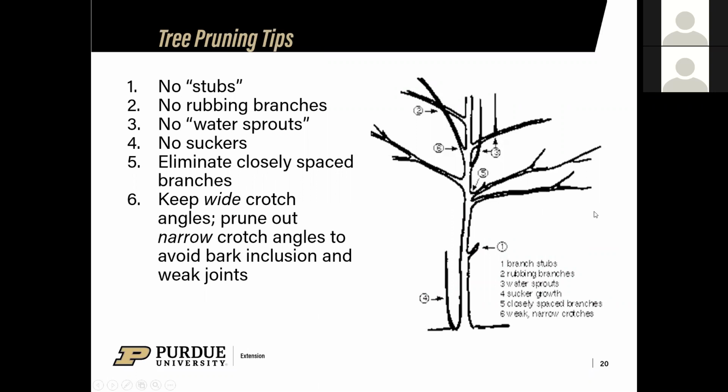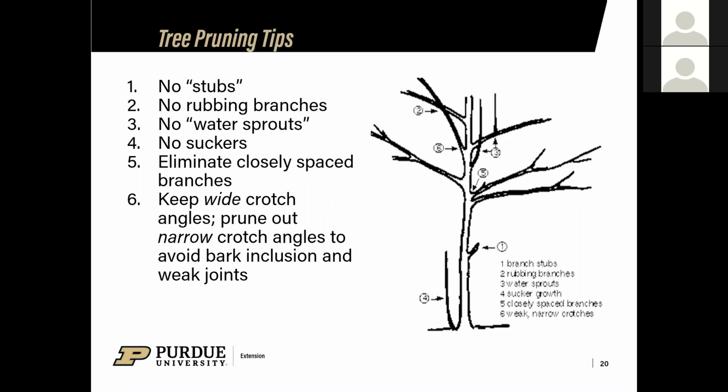Just a tree sample there of where the major cuts or what you might prune out. Looking down through some tips. Number one, as you go up the trunk there, don't leave stubs, cut back to that branch collar. Two, look up in that canopy and get rid of branches that are rubbing together.